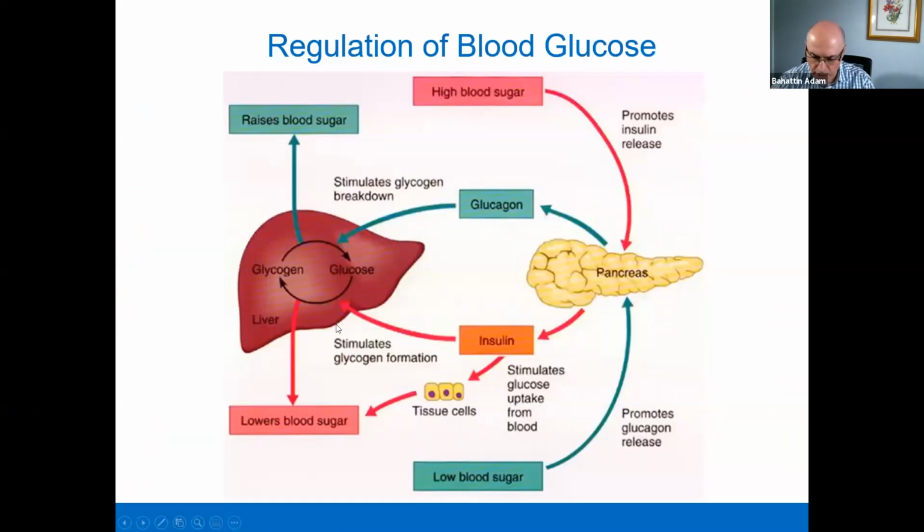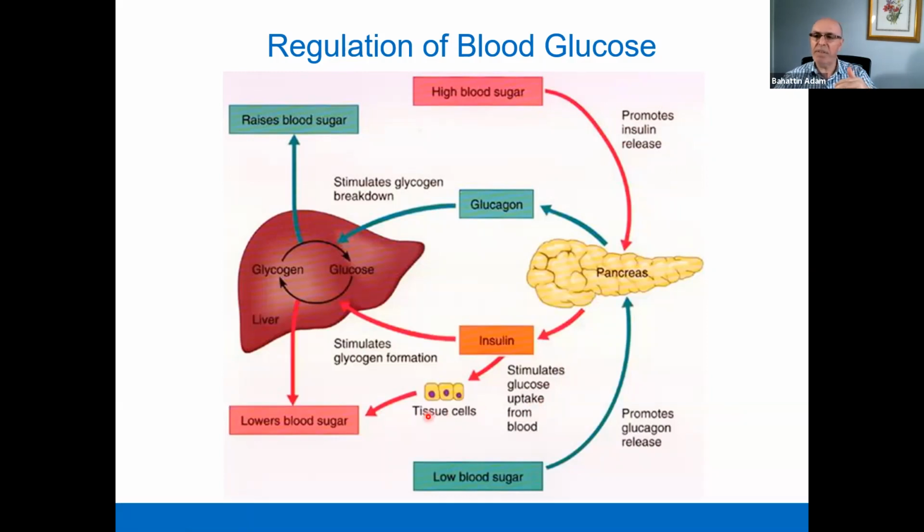This diagram is also about the metabolism of glucose, but in a little more detail. Now, as I said, hyperglycemia, or high blood sugar, promotes insulin release from the pancreas, and insulin will stimulate glucose uptake from the blood into the tissue cells.